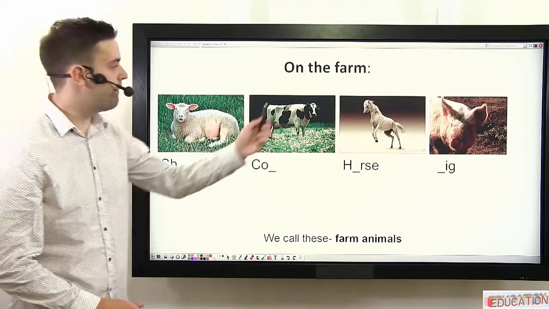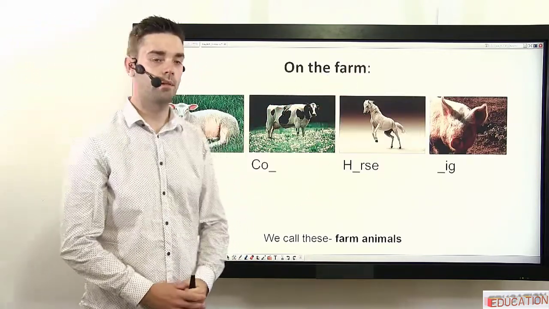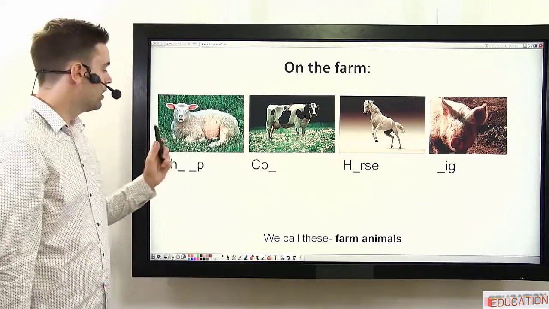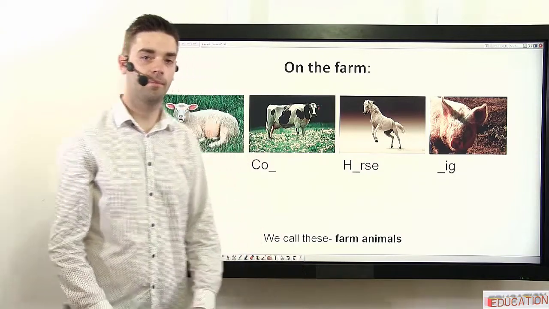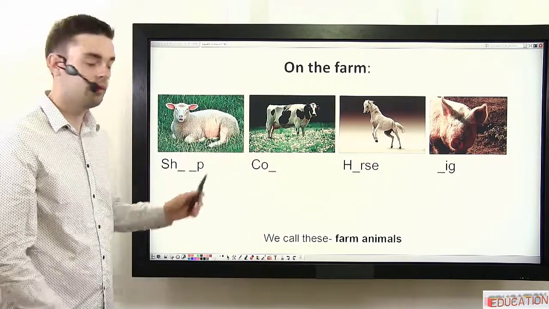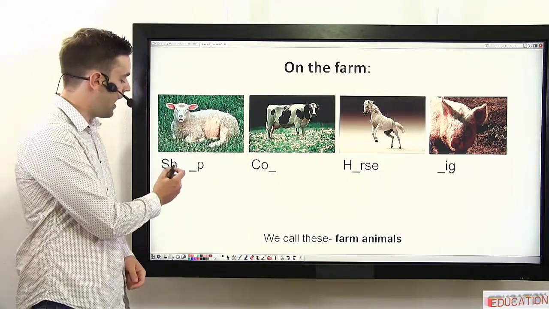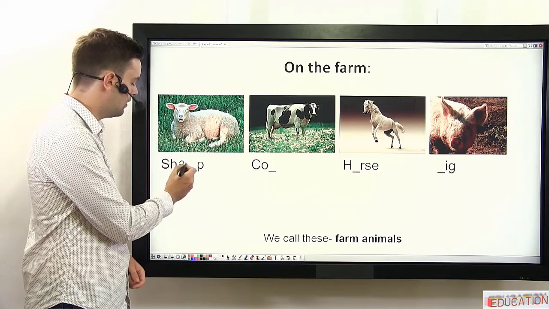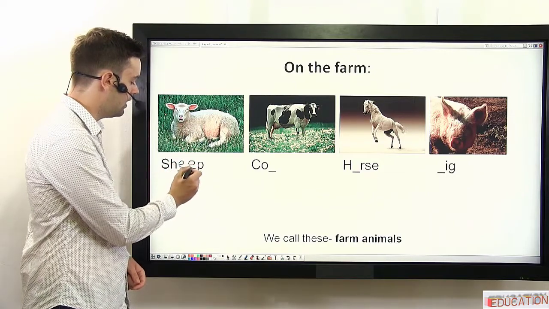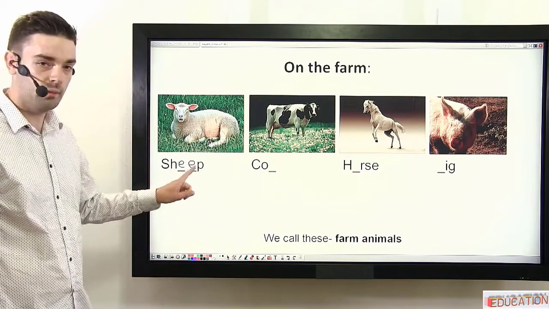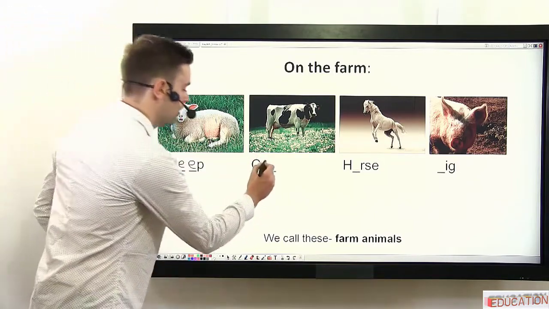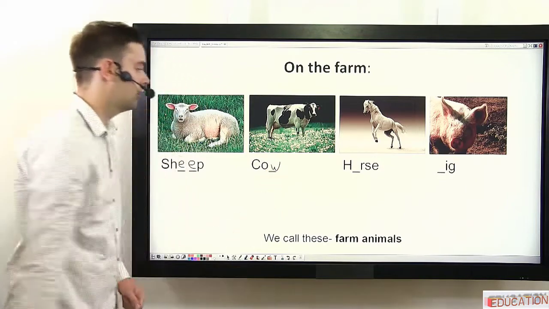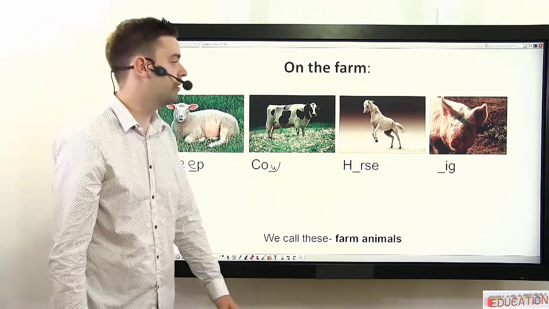On the farm, we have sheep, cow, horse, and pig. S-H-E-E-P, so double E. Cow, C-O-W.